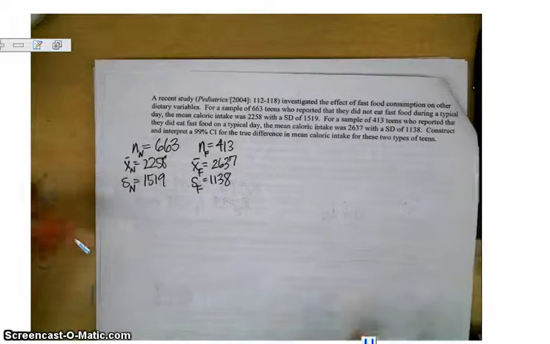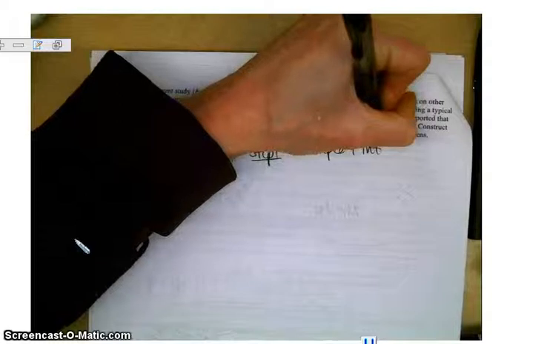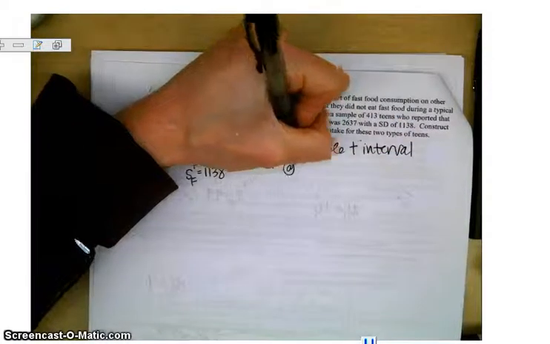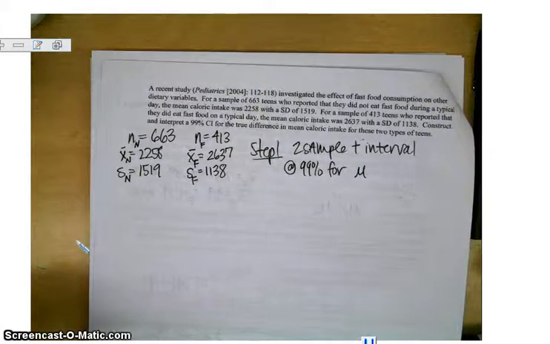Okay, so first of all, I'm going to do kind of a shortened version here. So step 1, we're going to do a two-sample t interval at 99% for mu of, do you want to take not fast food minus fast food or do it the other way around?